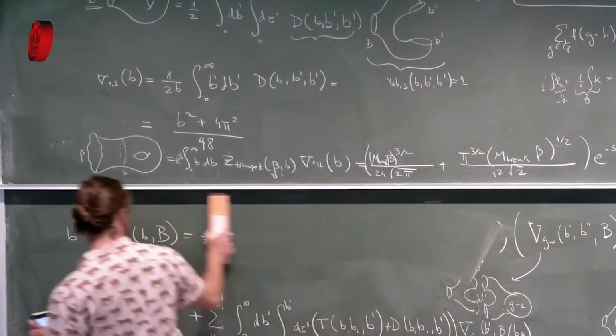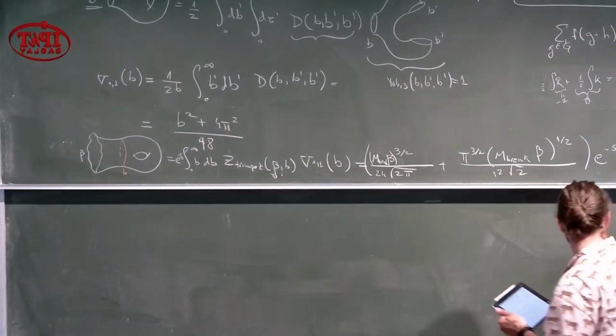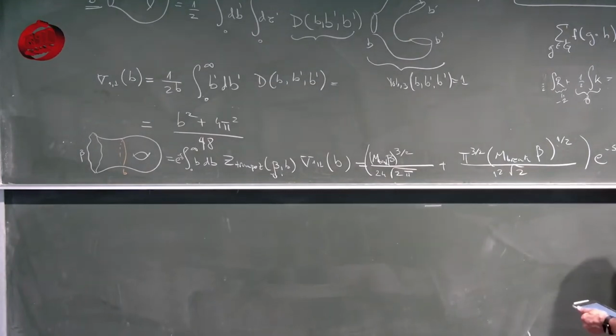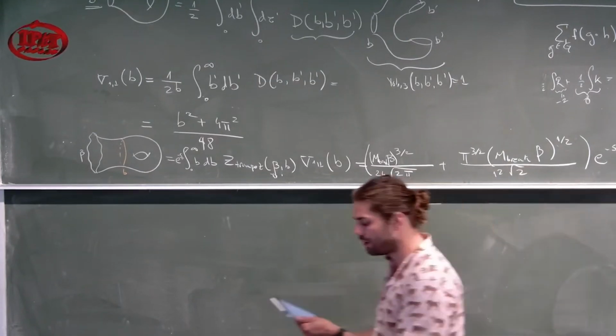So now I have to add this if I want to obtain the partition function coming from surfaces that have a single boundary.